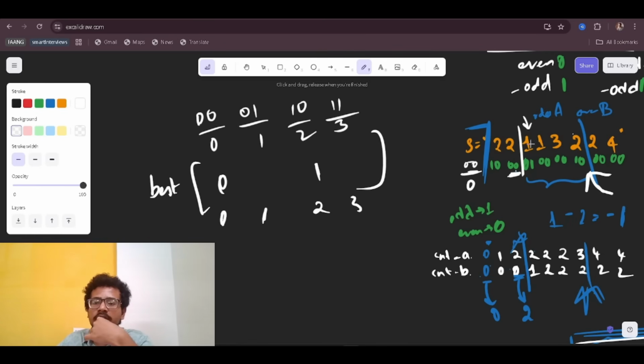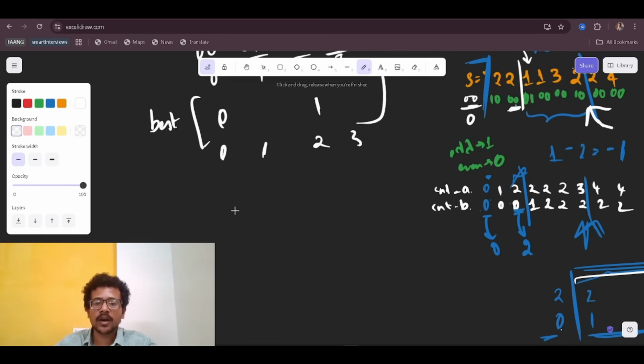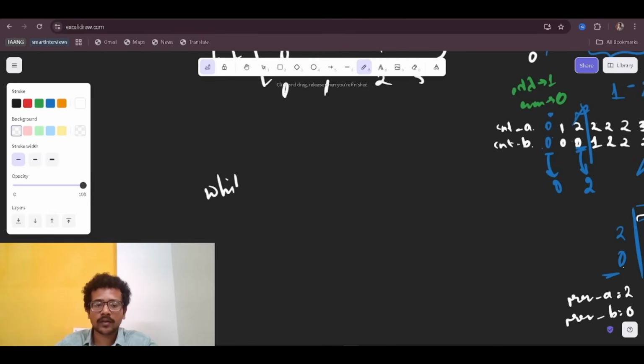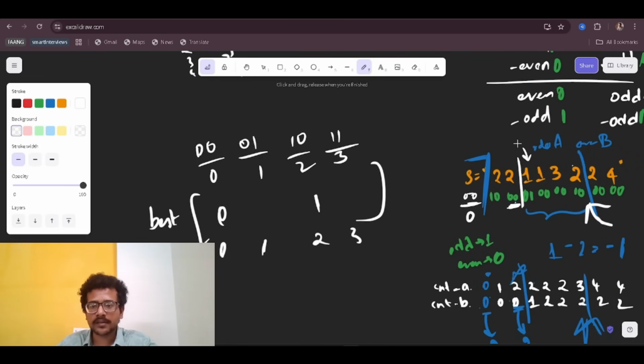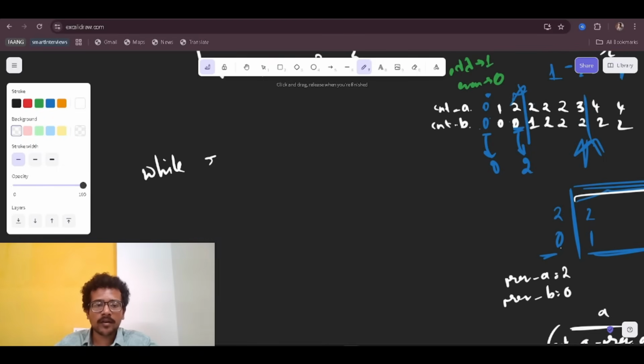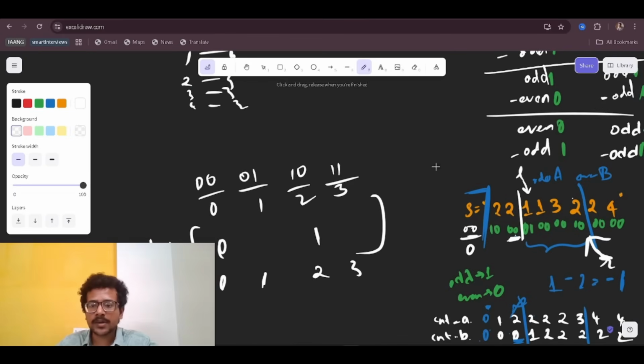Let me check. If I stop here, I am just writing a condition: while, I am making this as L and this would be my R, R minus L plus 1 is greater than or equal to K, right? Now let me check.